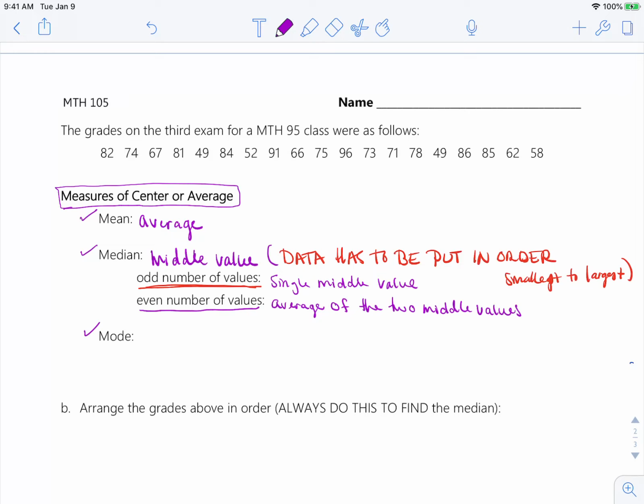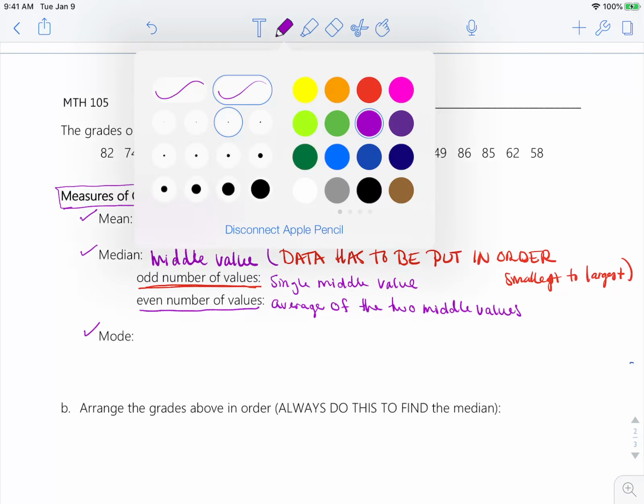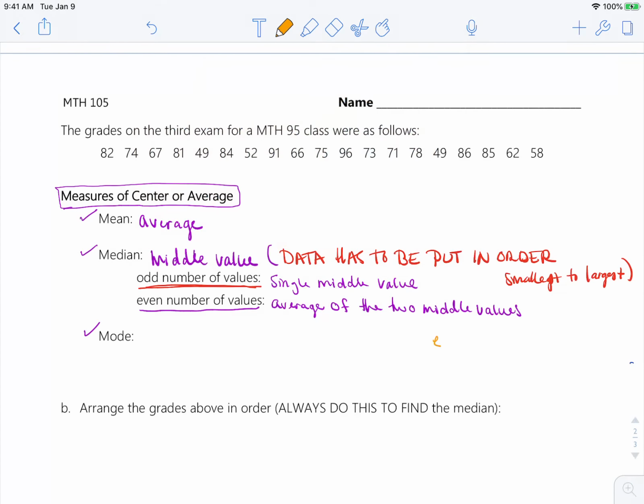So for example, let's change colors and just do it right here. Let's just say I had 1, 2, 3, 4, 5, 6. Well, there's an even number, right? So if I'm going to try to find the middle, I go, okay, on both tail ends, working my way to the middle.